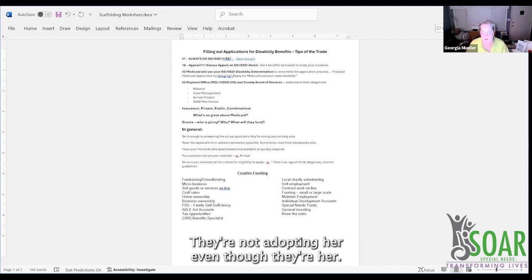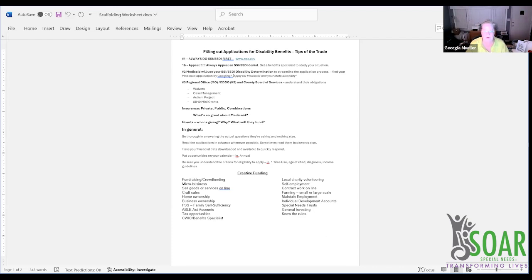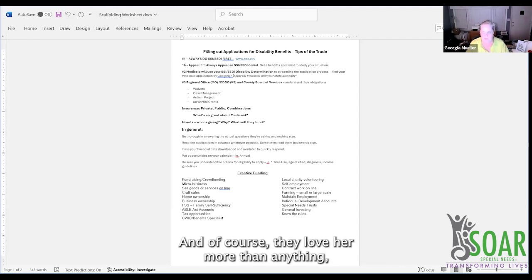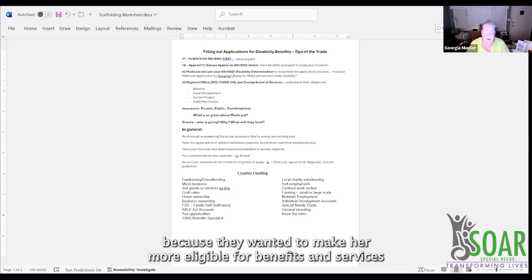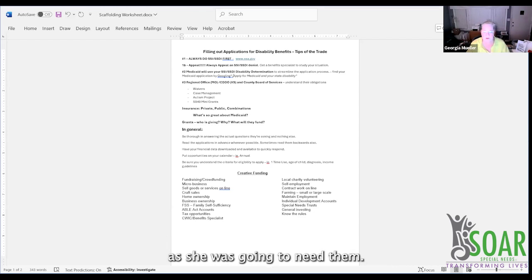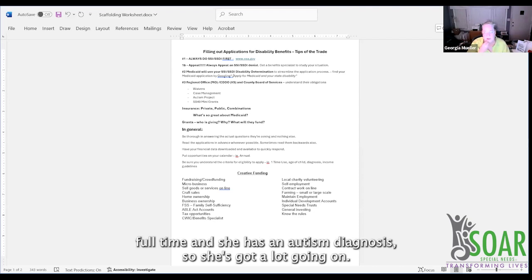They're not adopting her, even though she's their granddaughter. Of course they love her more than anything, but they deliberately decided not to adopt, in part because they wanted to make her more eligible for benefits and services as she's going to need them. She uses a wheelchair full time and she has an autism diagnosis. So she's got a lot going on.